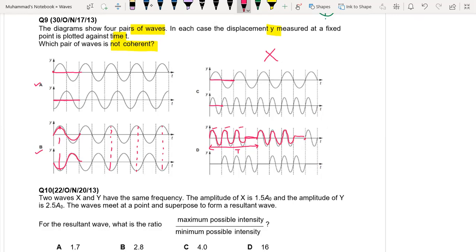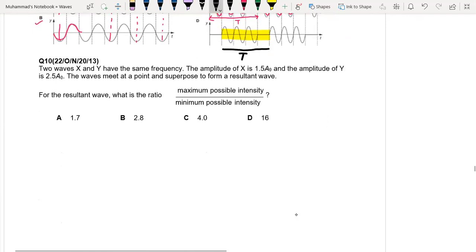The displacement becomes zero, again starts, and again becomes zero. So this is one cycle of these waves, up till this point. Then you can see this is the second cycle. Similarly, for the other wave, this is one cycle. So the time period of these two waves is the same. You can check it. So they are coherent waves. So in option C, they are not coherent waves.